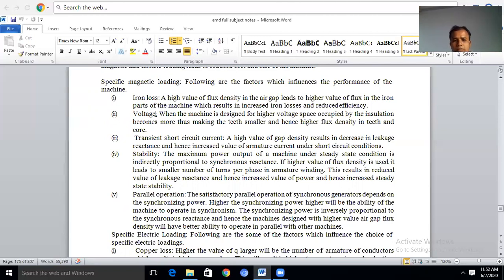So the specific magnetic loading should be moderate in order to reduce the iron loss. That is the first.